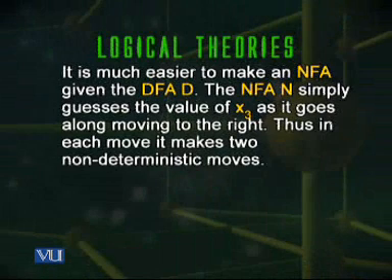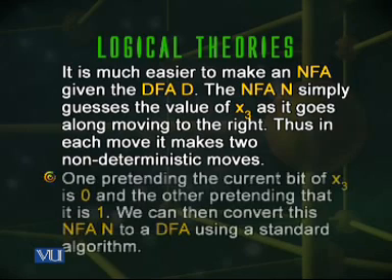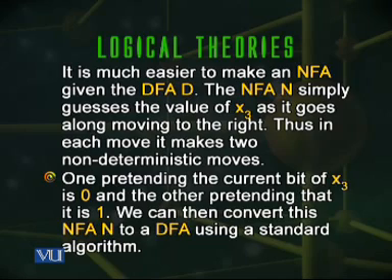It is possible to make a DFA, but it is much easier to make an NFA using the given DFA. The NFA N is simply going to guess the value of x3 as it goes along moving to the right. Thus, in each move, it makes two non-deterministic moves. One pretending that the current bit of x3 is 0 and the other pretending that the current bit of x3 is 1. Once we have this NFA N, we can convert this to a DFA using a standard algorithm.